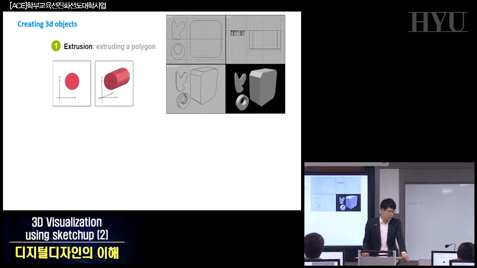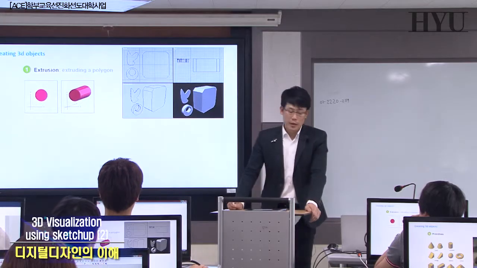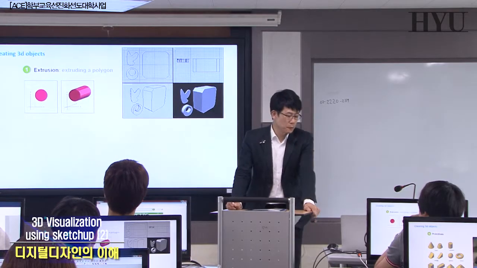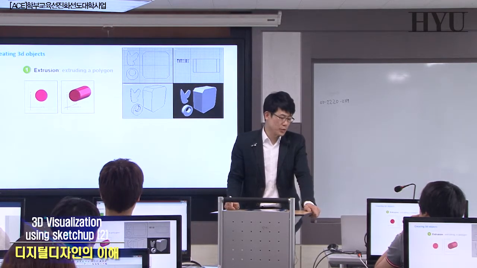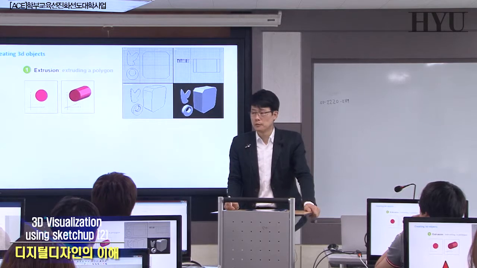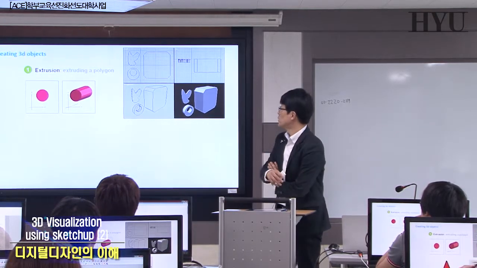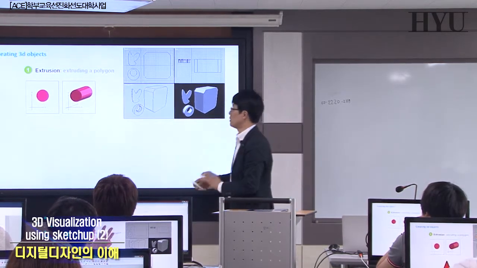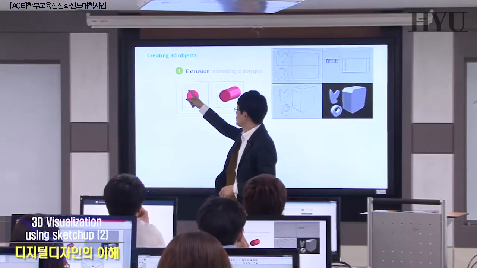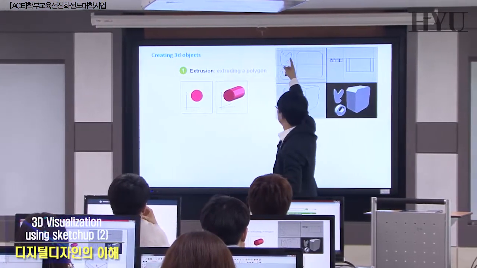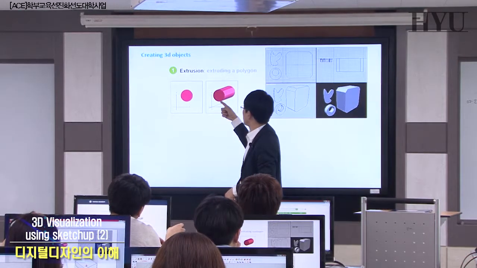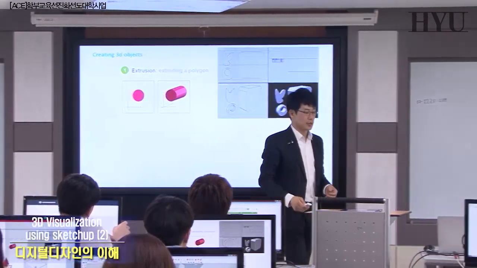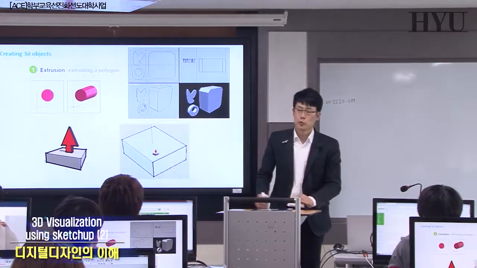What is extrusion? It's the easiest and the most straightforward way of making a 3D object using a 2D section profile, okay? In the 2D XY plane, whatever you create, circle, polygon shape, donut shape, rectangle shape, they can be extruded along the Z-axis. In SketchUp, we have such a function.